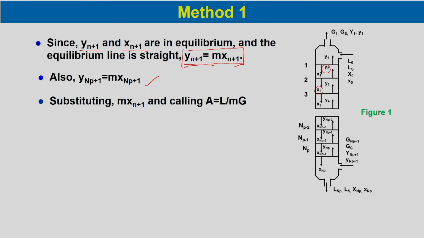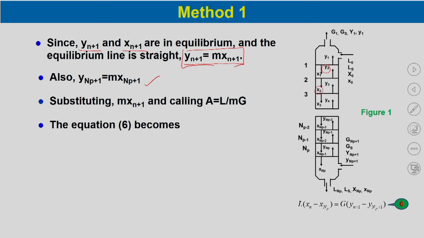Now, if we substitute m x n plus 1 and call A equal to L by m G, a constant A. So, equation 6, which we have derived before, is L into x n minus x n p equal to G into y n plus 1 minus y n p plus 1. This would become x n plus 1 minus A x n equal to y n p plus 1 by m minus A x n p.